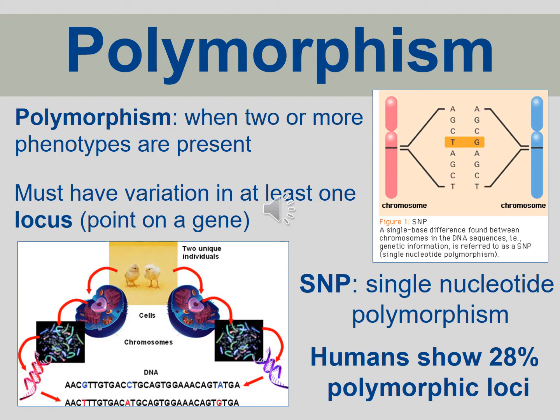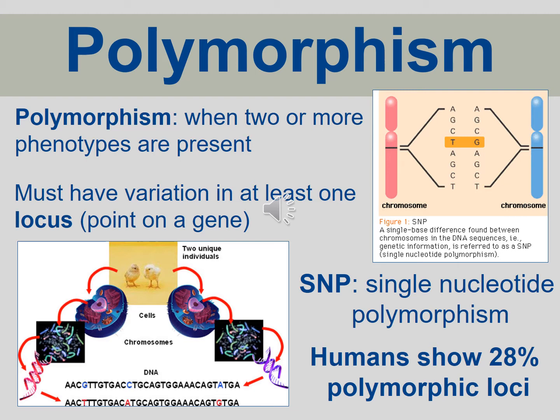If we look in their cells and type their DNA, we can see that they have 3 spots that are different. Where one has a C or a G and A, and T and A and a G, vice versa. And so this would mean that those sites are polymorphic, single nucleotide polymorphism. And we've got 3 of them in this case between those 2 individuals.